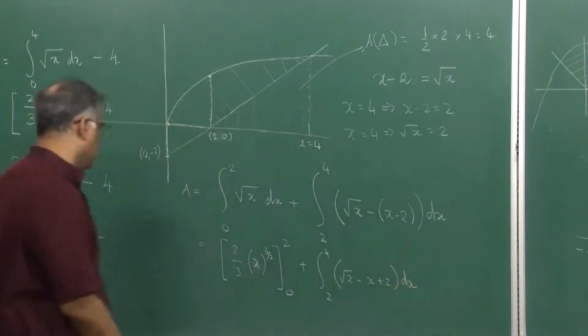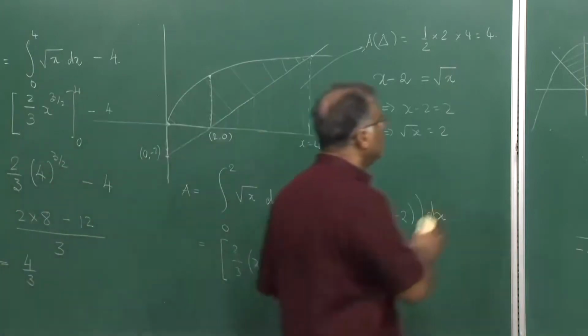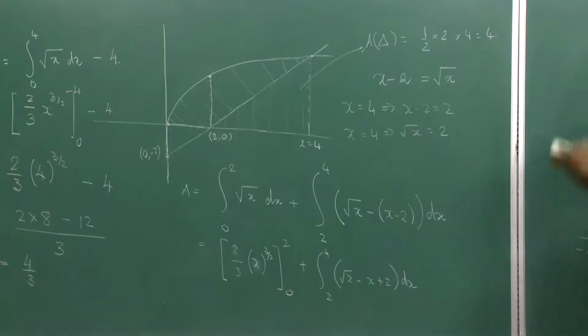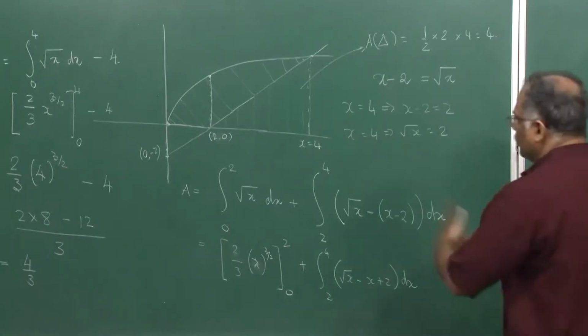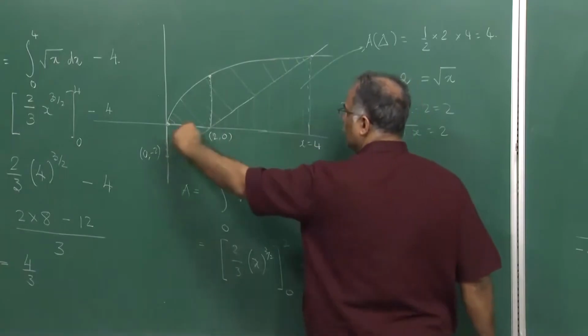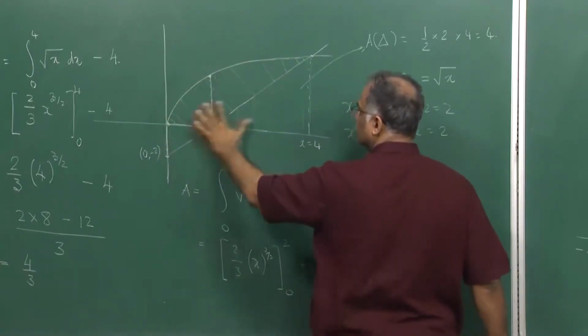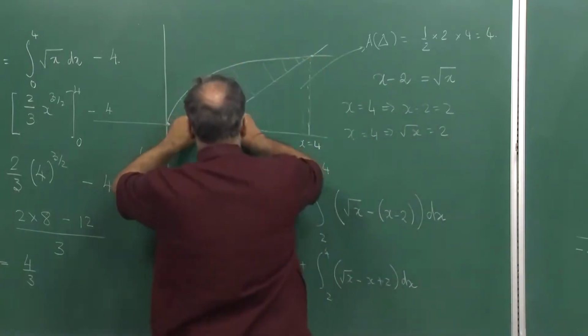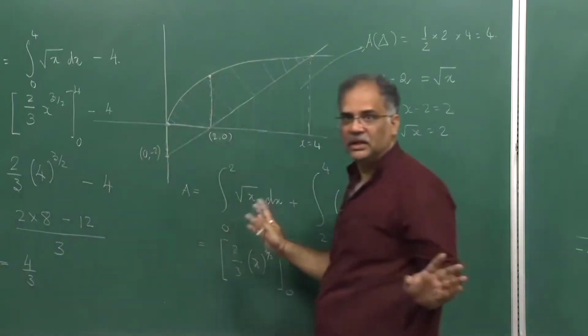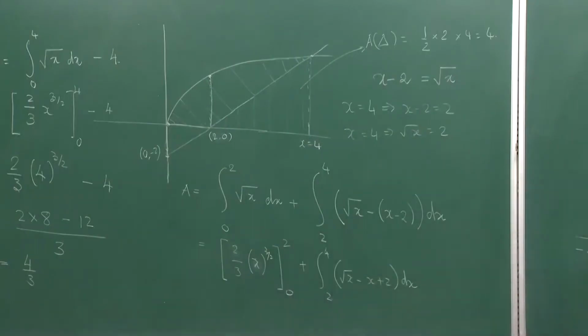So let us do the computation and see what I get. I think this should match, because I do not see any logic why it should not match. So these are the trials; in mathematics, that is the way you do it. Maybe I am making a mistake, but that is what I see. This is the whole area under the curve, and I have just taken this triangle out, which gives me the remaining area. That is the simplest way to look at it, knowing the area of the triangle.